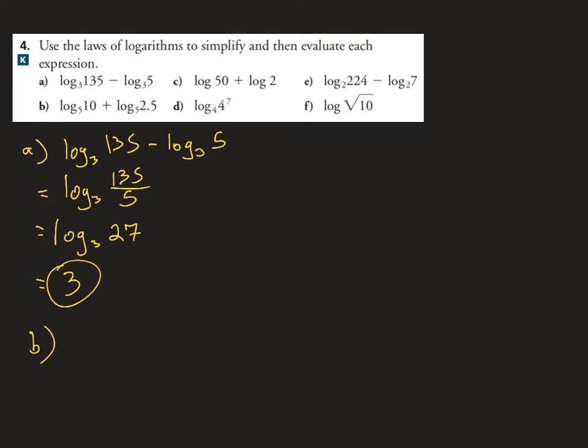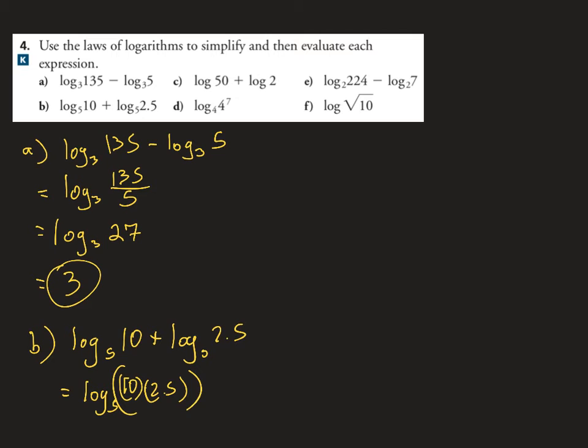Part B. Log base 5 of 10 plus log base 5 of 2.5 is equal to log base 5 of 10 times 2.5, which equals log base 5 of 25, which equals 2.